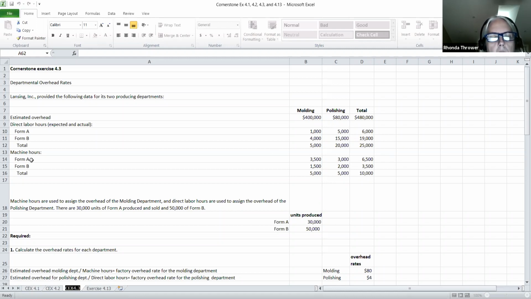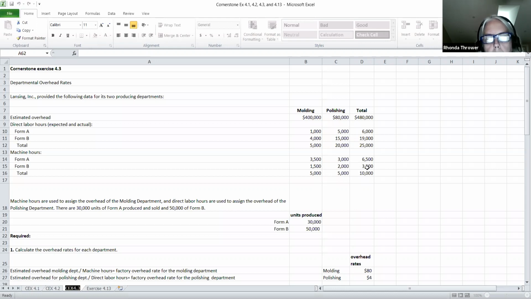For the machine hours for Form A, it took 3,500 machine hours in the molding department. It took 3,000 machine hours in the polishing department. The total machine hours is 6,500 for Form A. For Form B, the molding department had 1,500 machine hours, and the polishing department had 2,000 machine hours.